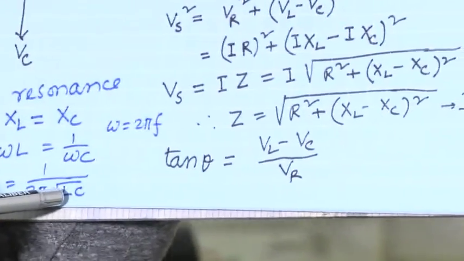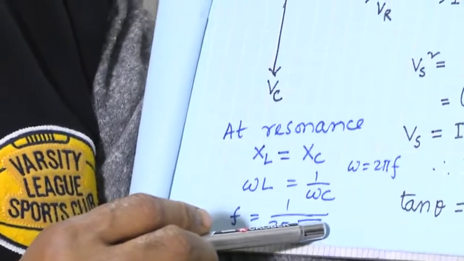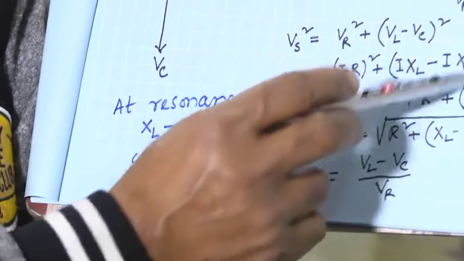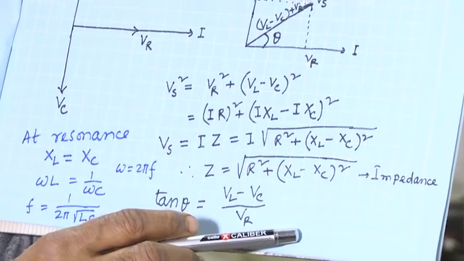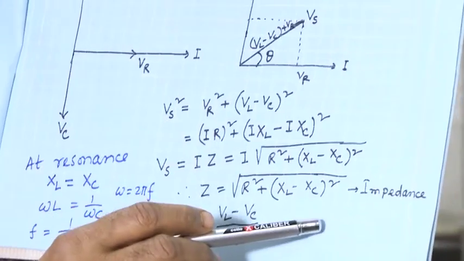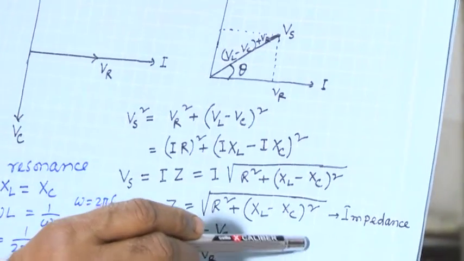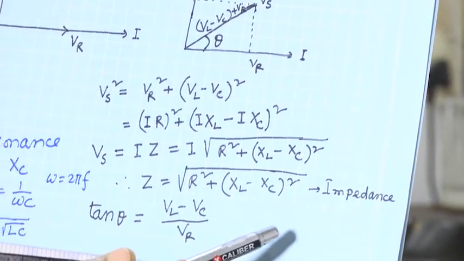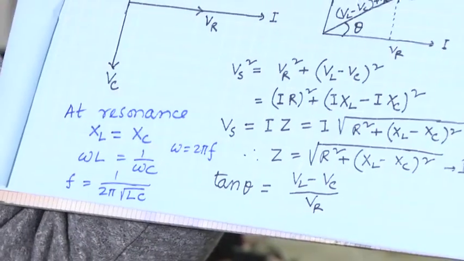If you know the value of L and the value of C, then you can calculate f, and experimentally you can measure f from this curve of I versus frequency. The frequency for the peak value will be your resonance frequency. Then you can compare it with this calculated frequency.